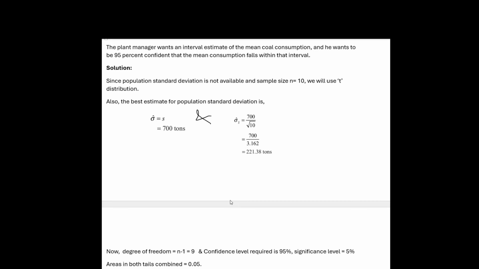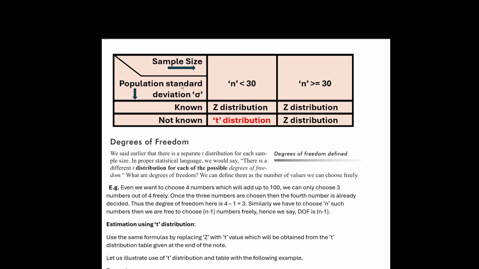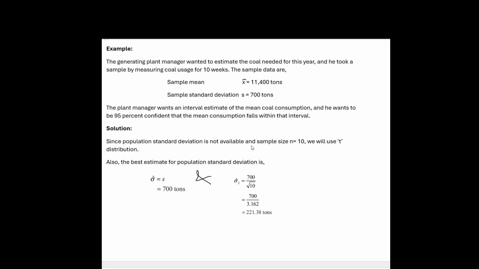Since the population standard deviation is not available and the sample size is less than 30, these two conditions clearly tell us from the table that it is a case of using the t-distribution.